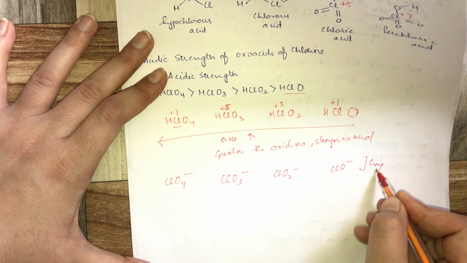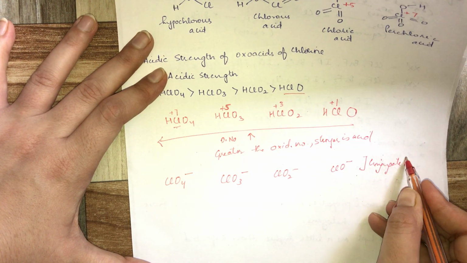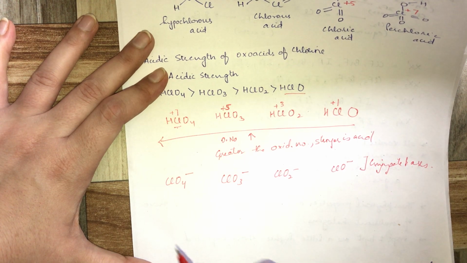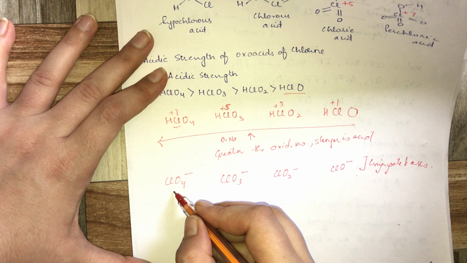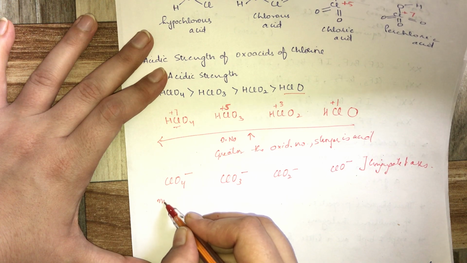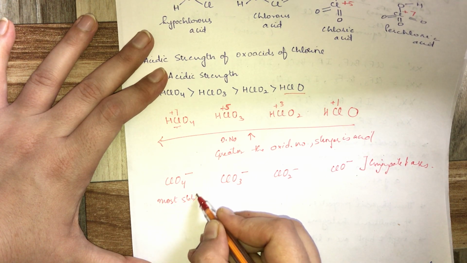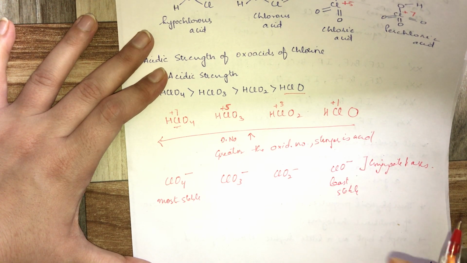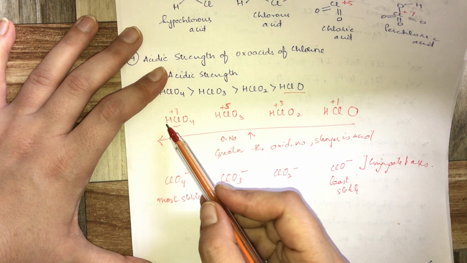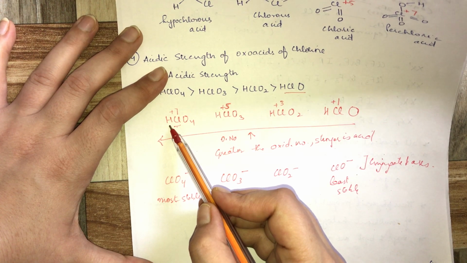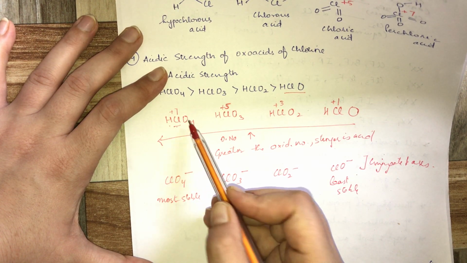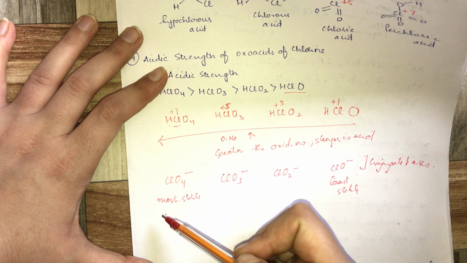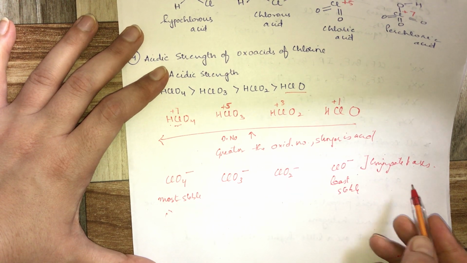These are all the conjugate bases. ClO4 negative is the most stable, and ClO negative is the least stable. So HClO4 loses H positive very quickly and is a stronger acid because it forms the most stable conjugate base.